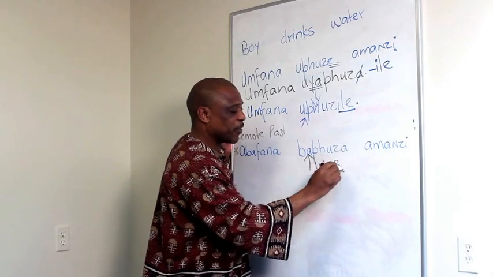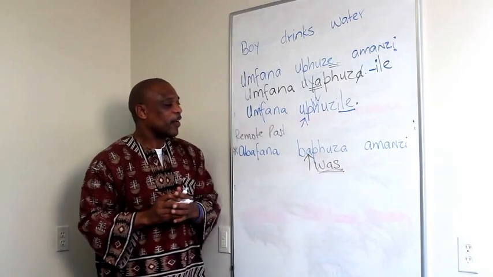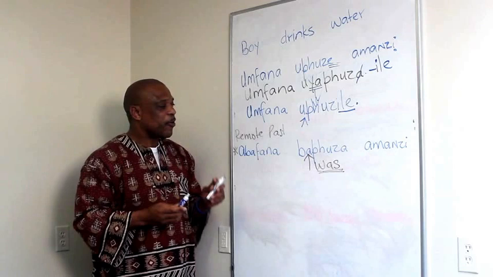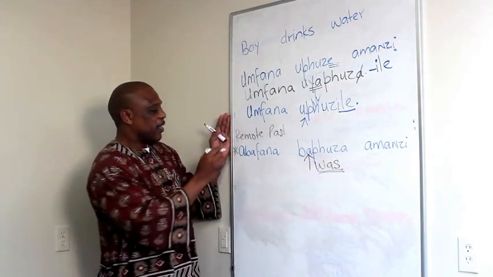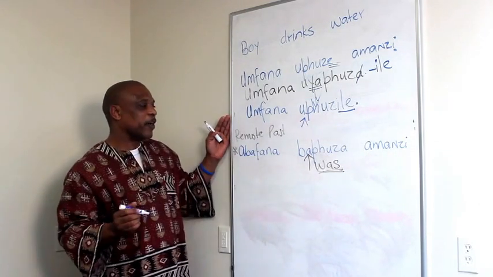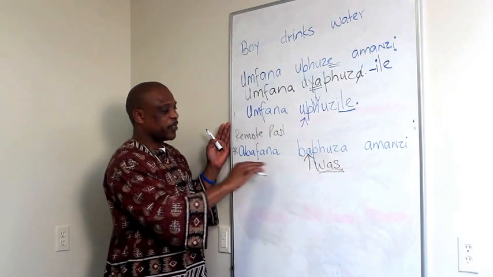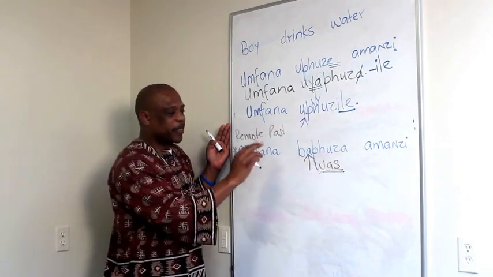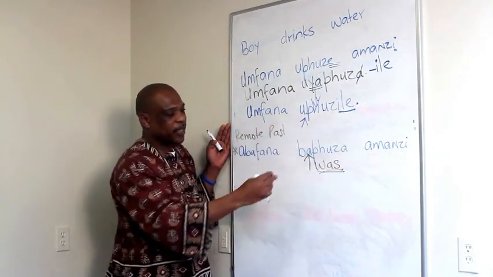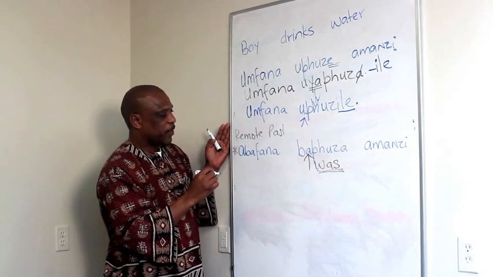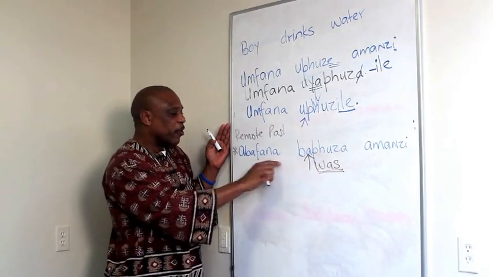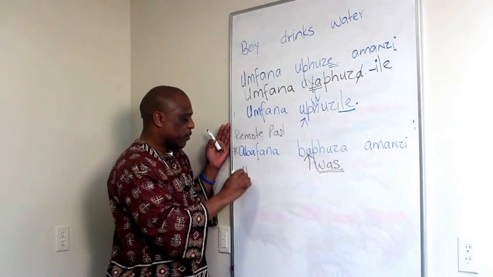The was in Zulu is very simple. It's just a vowel. Now, I want to rewrite this sentence and change the subject to be singular. Instead of the boys, I want to make a boy, because that takes a different change. So here we go.